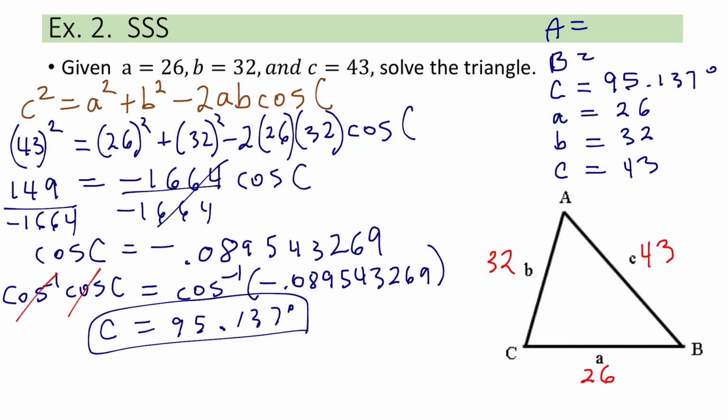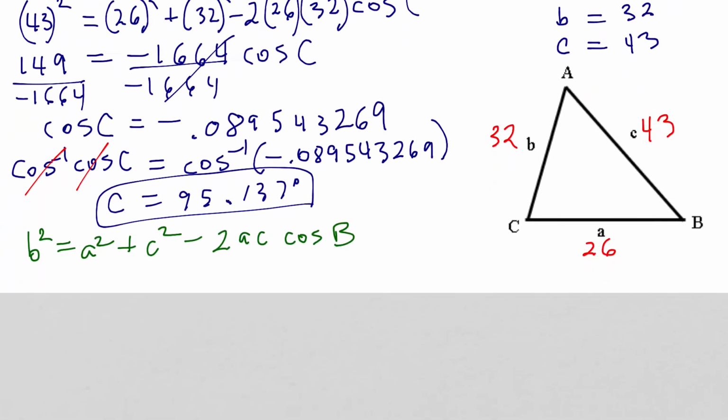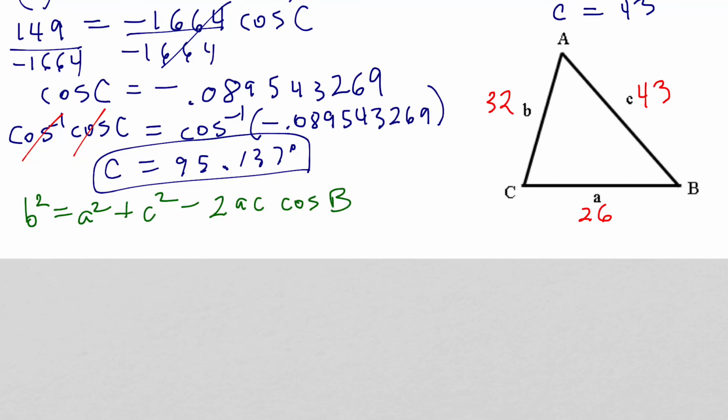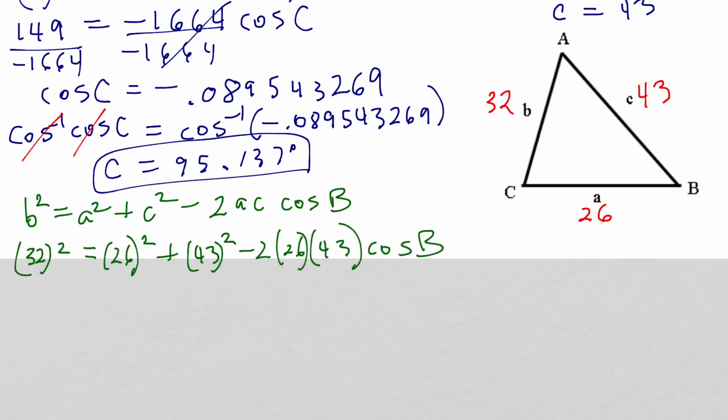Now I have angle A and angle B left to find. I'm going to arbitrarily say let's find B, so I would need my B law. I wrote down my B law. Let's go ahead and do the substitutions. We know everything but the angle B. Those are my substitutions of everything I know, all the sides. Now I'm going to subtract this number and this number from this number and put that on the left. I'm going to multiply these three together, and that'll be the coefficient of cosine of B. This is what I get.